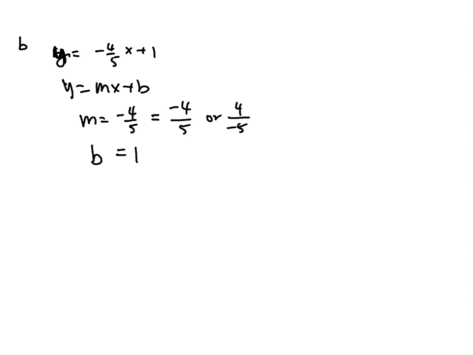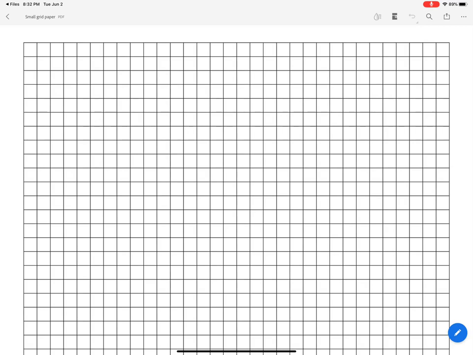I'm going to again pull out the graphing paper. Alright, again, the y-intercept is 1, which means I have the y-intercept at (0, 1).